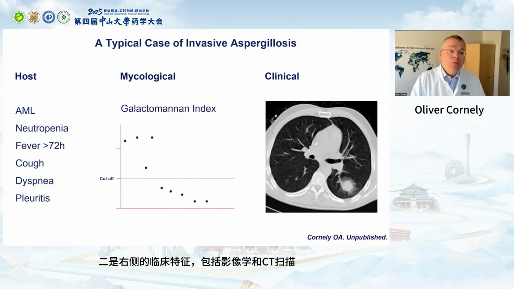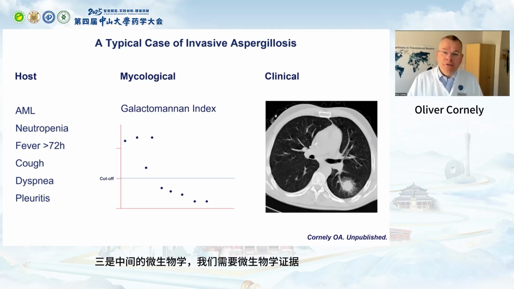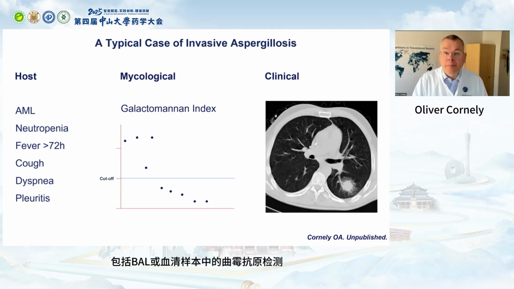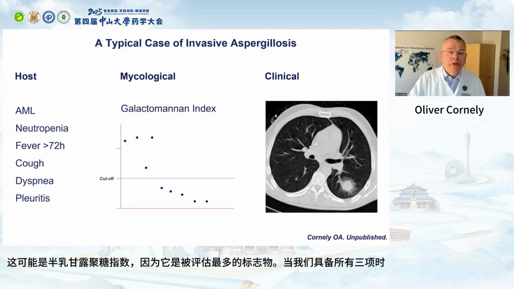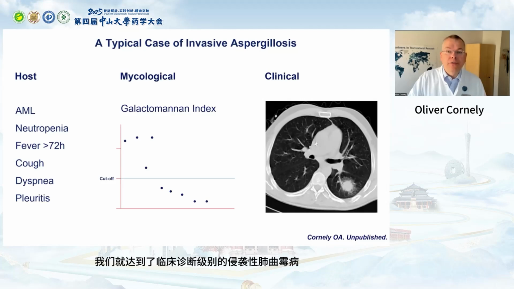And then in the middle, we do have the galactomannan index because we need microbiology. And microbiology might come from the BAL or from a serum sample where we find an antigen of Aspergillus, and that might be galactomannan because that is the one that has been most evaluated. When we have all 3, then we have a probable invasive pulmonary aspergillosis.